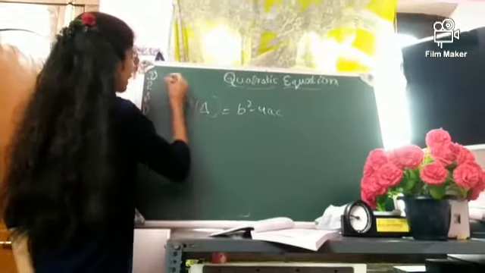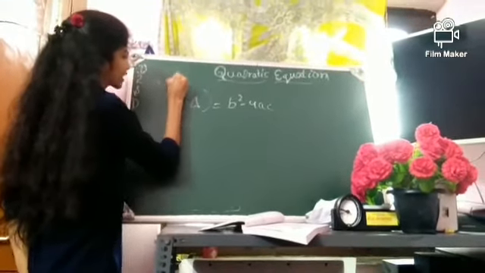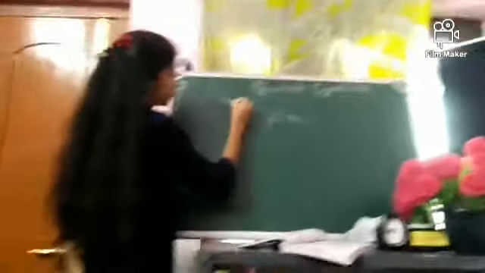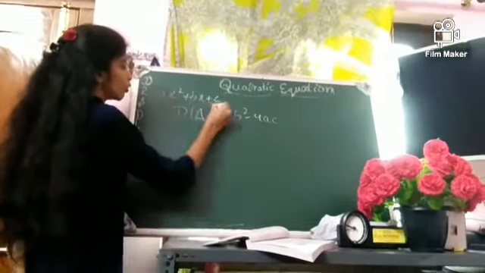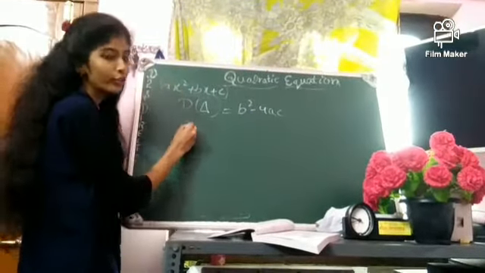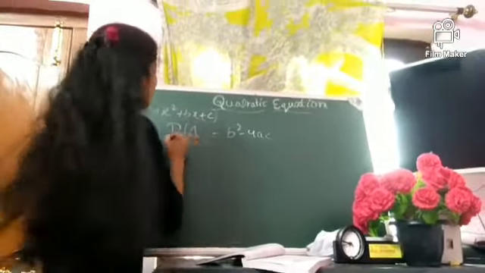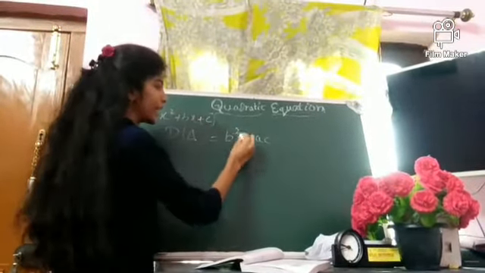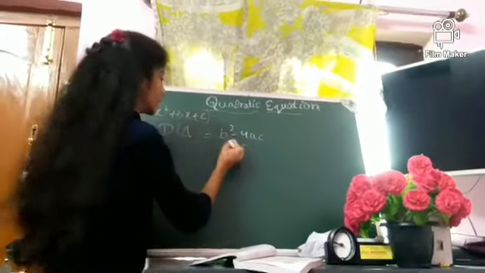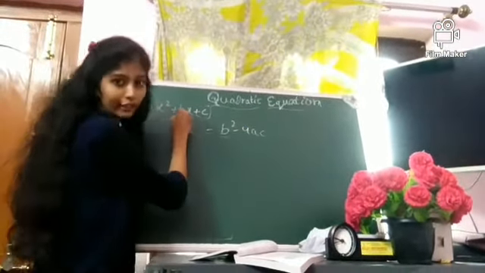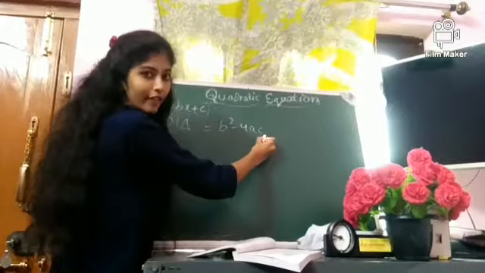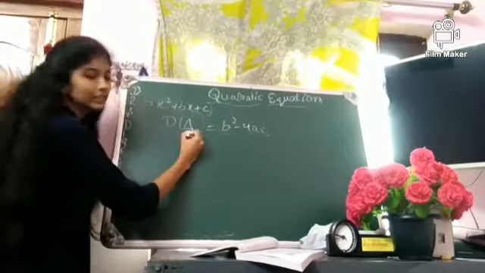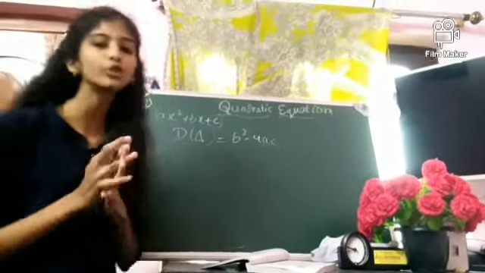It is used when the quadratic equation ax square plus bx plus c is given. So to find the roots, we will use this discriminant method. To find delta, we should use the formula b square minus 4ac, substituting the given values of a, b and c. So this is delta.